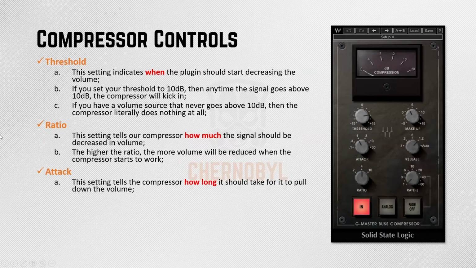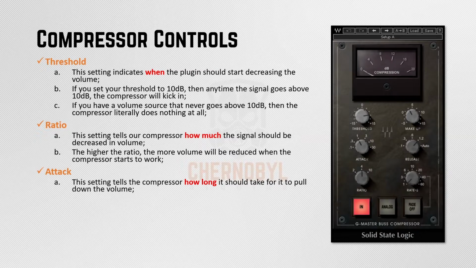And then attack. This setting tells the compressor how long it should take to completely decrease the volume by 100% as you have marked by the ratio. So it's almost like the opposite. With attack, you're telling the compressor how long it should take to do the full amount of volume reduction. You're not attacking anything actually.